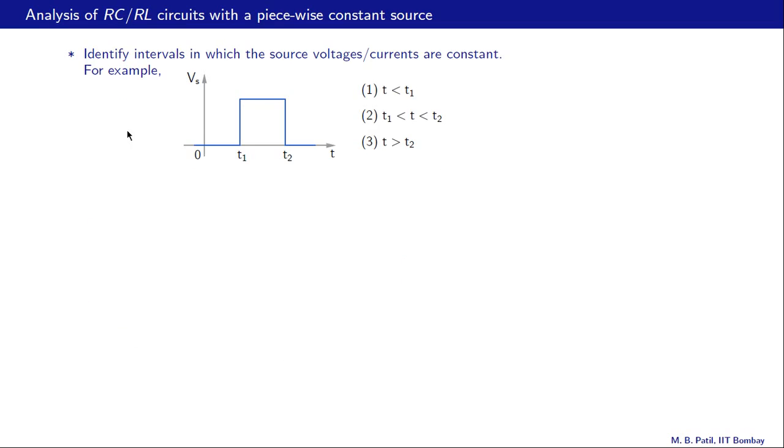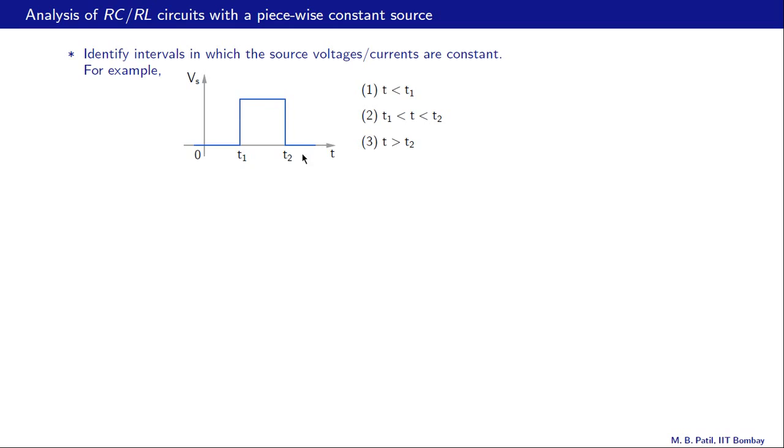So far we have considered RC and RL circuits with a constant source, a voltage source or a current source. Let us now look at RC and RL circuits with a piecewise constant source. Here is an example. There is a voltage source here which varies with time, like that.